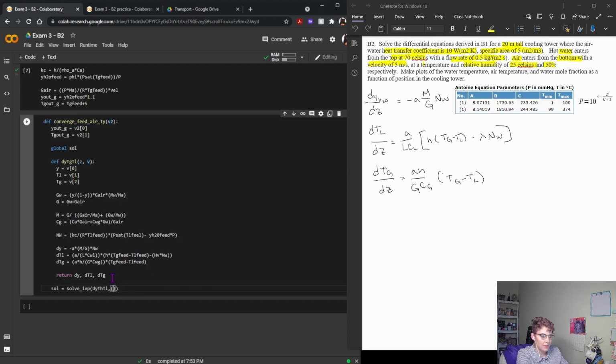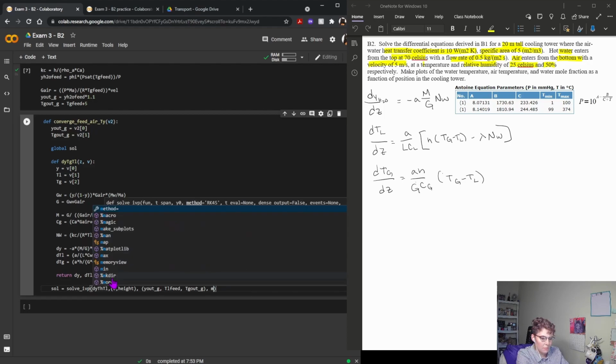We want our t-span to be from 0 to the height. And then we want our inputs to be our initial guesses and the temperature of the feed for the liquid and our other guess there.